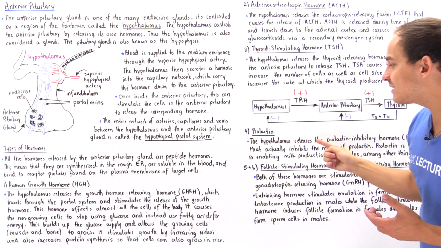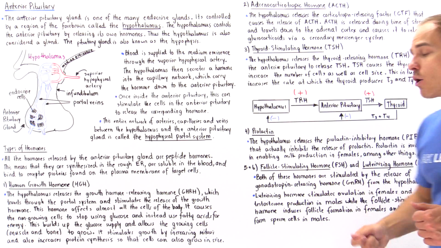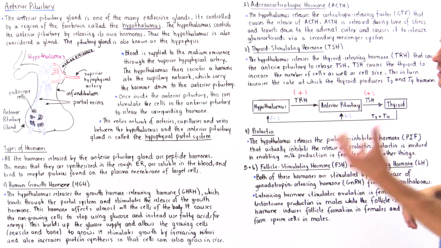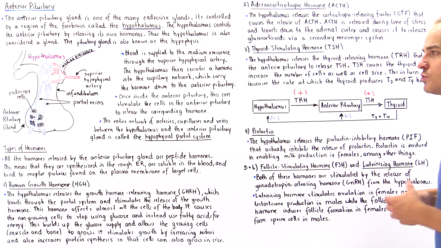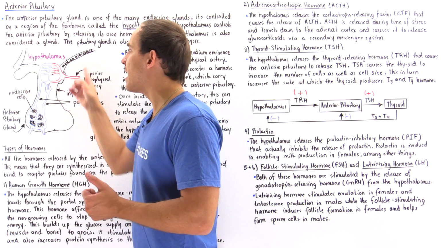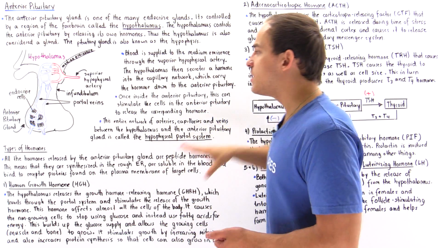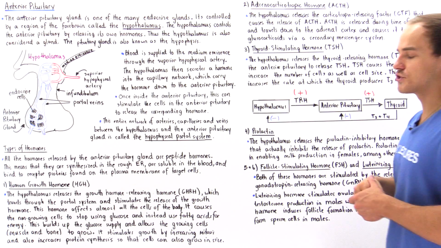We have prolactin, and we also have the follicle-stimulating hormone and our luteinizing hormone. So let's go through each one of these hormones and discuss what their function is, and also let's discuss what the hormone that is produced by the hypothalamus is that controls each one of these anterior pituitary gland hormones.